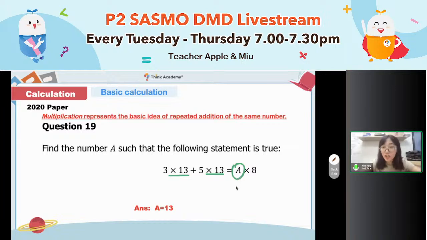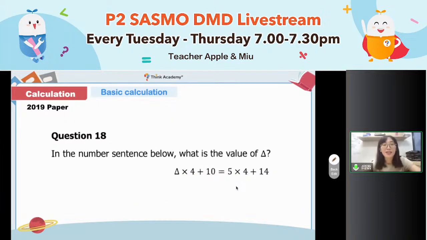And then I want to introduce a bit challenge one, okay? Question 18. It is in section B. In the number sentence below, what is the value of a triangle? What is the number sentence here? Triangle times 4 plus 10 equals to 5 times 4 plus 14.